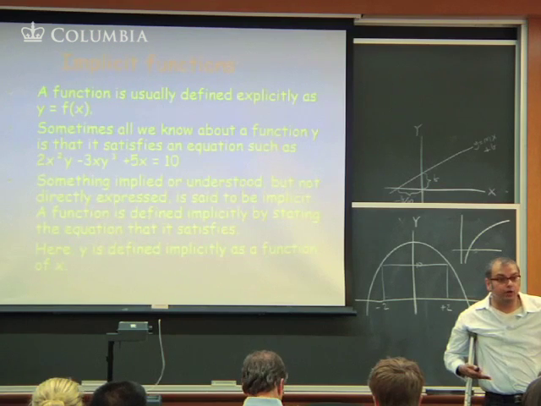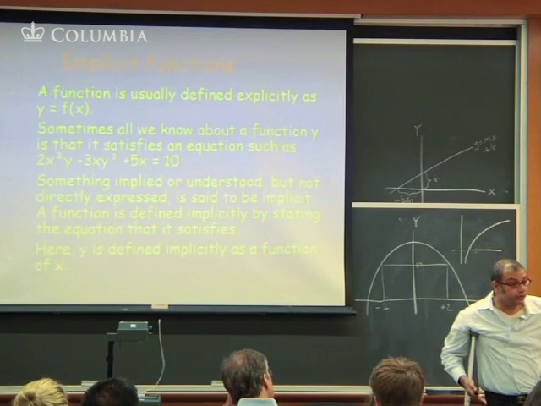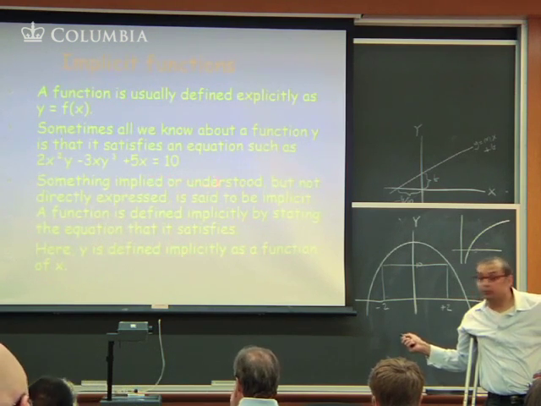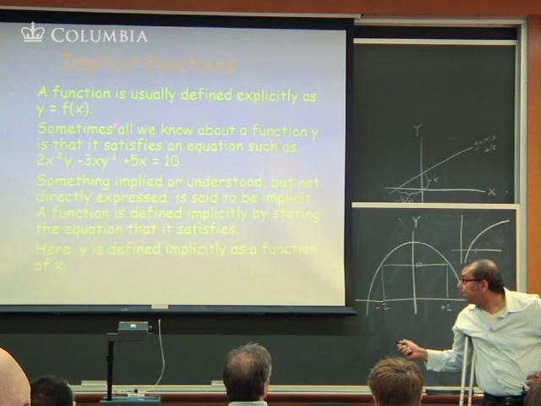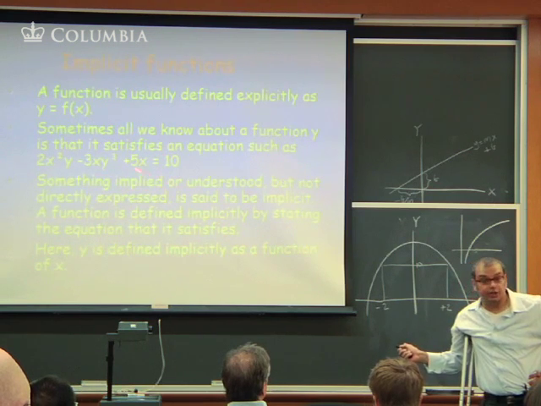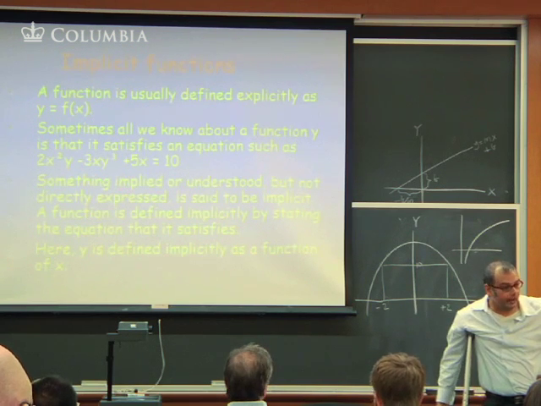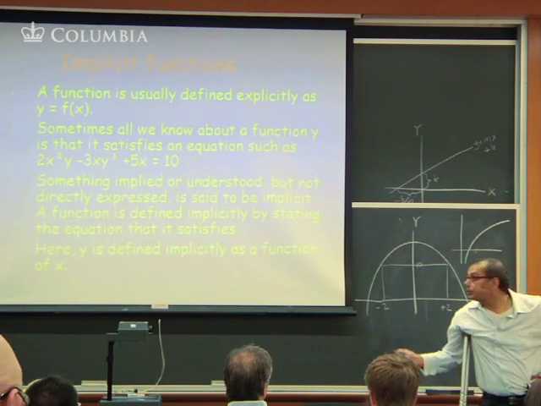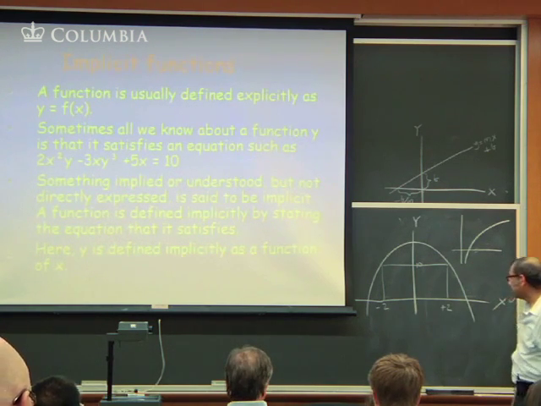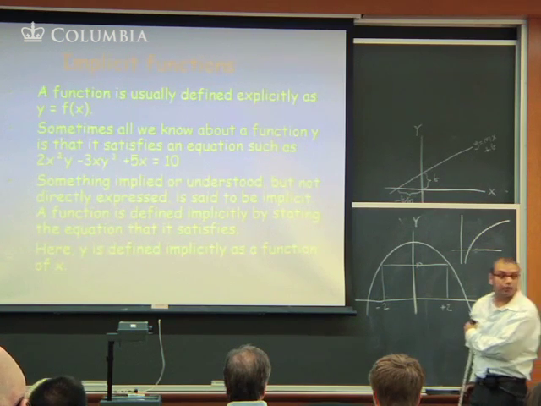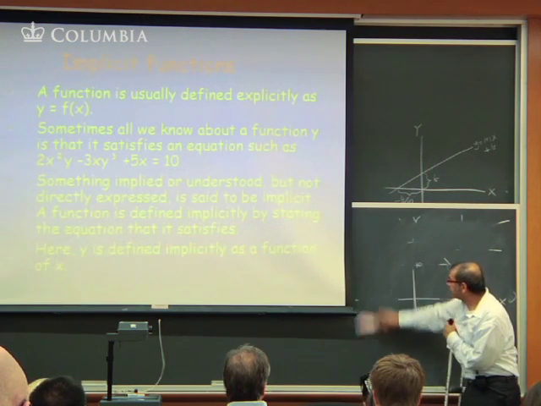And of course, as you know from our discussion about roots, roots don't have unique values, and so you wouldn't end up with an actual function. However, this condition nevertheless defines a set of x's and y's which meet that condition. And very often they will have some graph, even though that graph may not be the graph of a function.